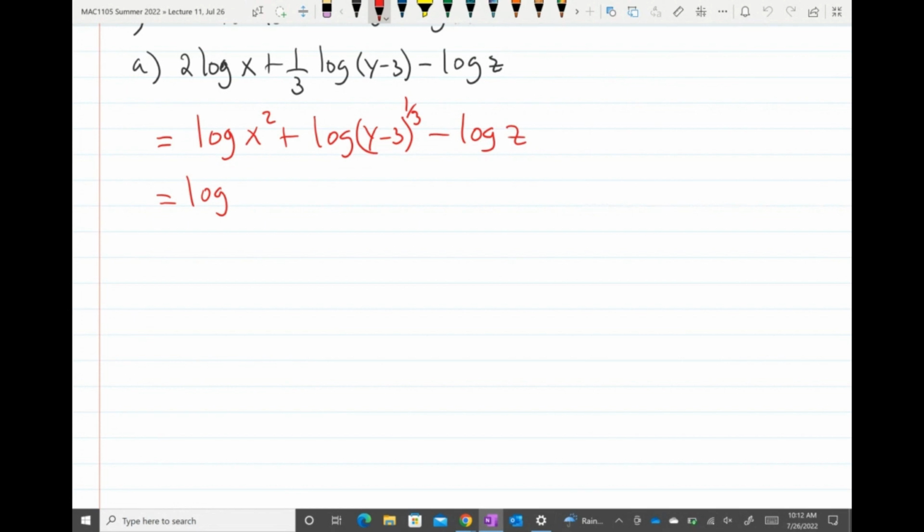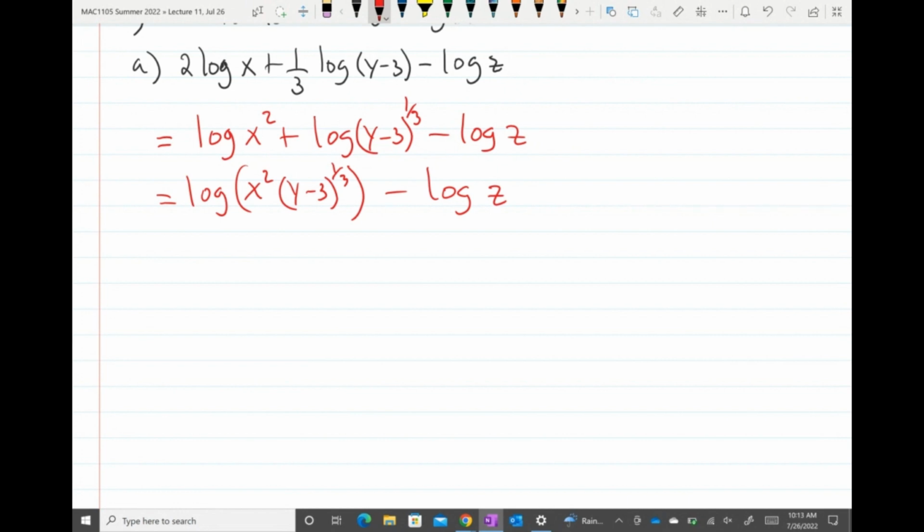Times. Good. Remember, log sends product to sum. But you can also think of it as sending sum back to a single log in which you multiply, right? It turns sum back into products. So it would be log of x squared times 1 minus 3 to the 1/3. Is that clear?